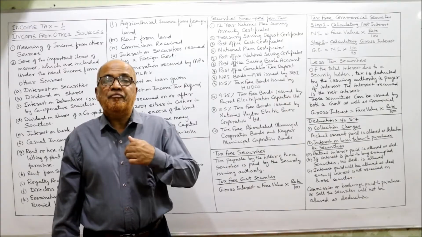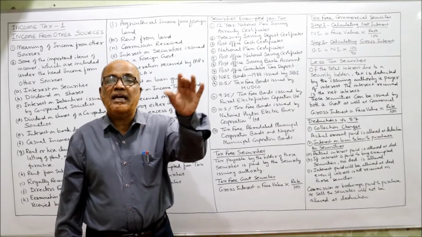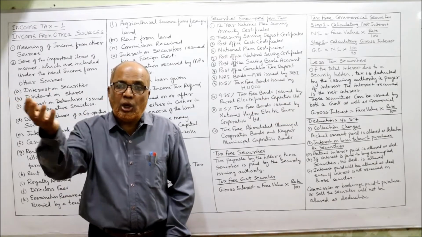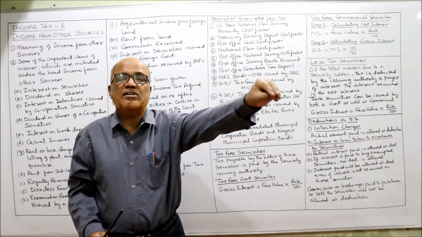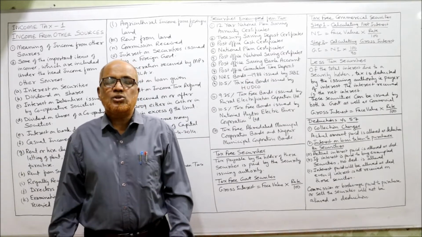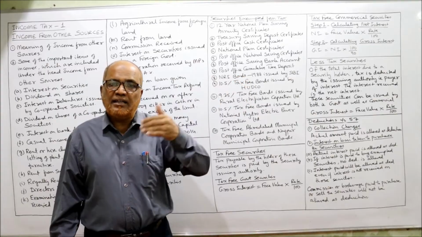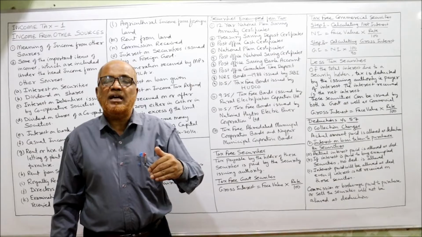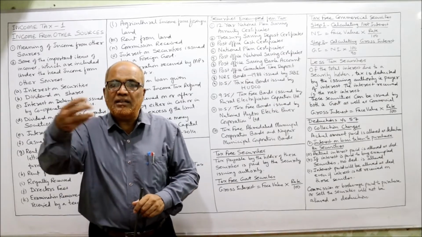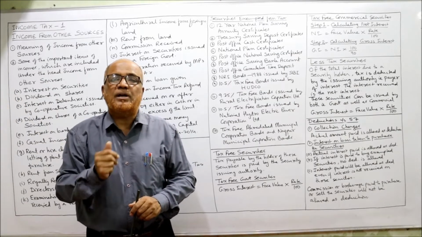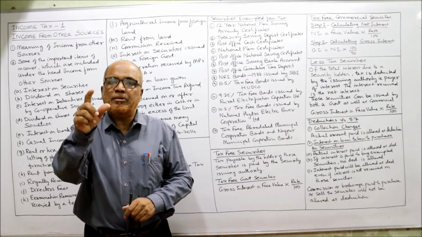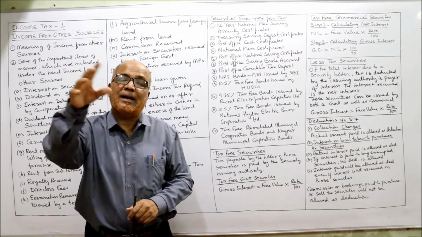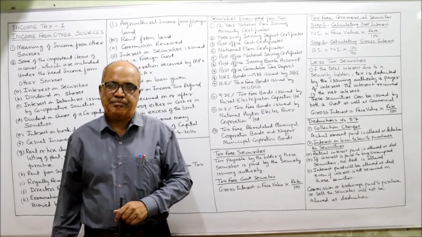So I am getting 15% interest on my investment in debentures, whereas on the 1 lakh rupees I have taken as a loan from the bank to make the investment, I am paying the interest. So I am the investor, I am getting the interest, and I am paying the interest. I am getting interest on my investment, whereas I am paying interest on the loan taken to purchase the security. So the Income Tax Act says that interest paid on loan taken to purchase the security will be allowed as deduction.